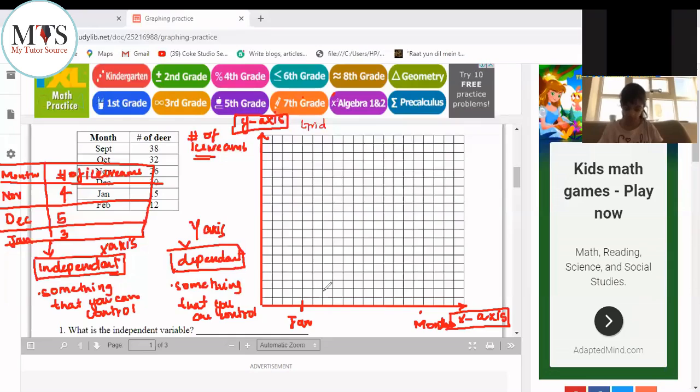So the first month that I put over here was January, and I left 4 boxes. Can you tell me how many boxes I'm going to leave for the next month? 5. Why? Because I told you that they have to be equally spaced out. And how are they going to be equally spaced out?